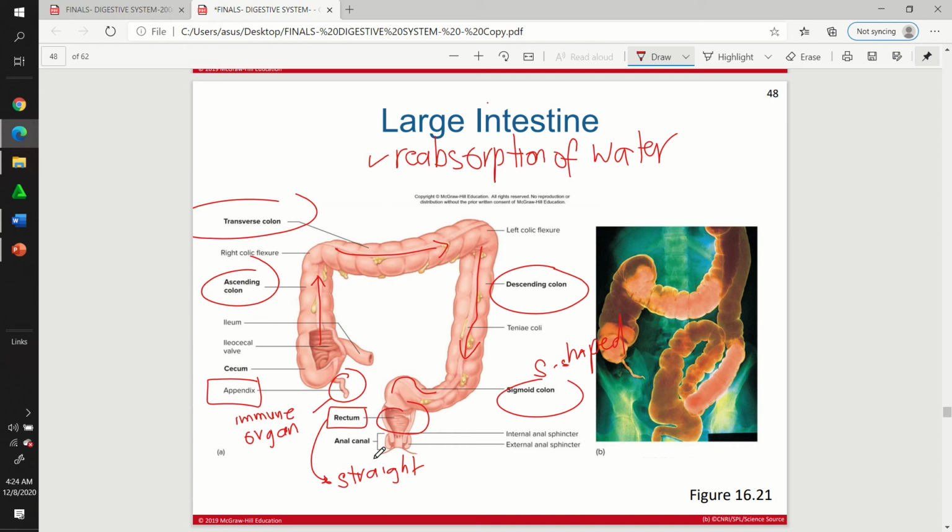So what is exactly happening in your large intestine? By the time that chyme, the paste-like substance, passes through the small intestine and enters into the ascending colon of the large intestine, it has been reduced to mostly indigestible substance.